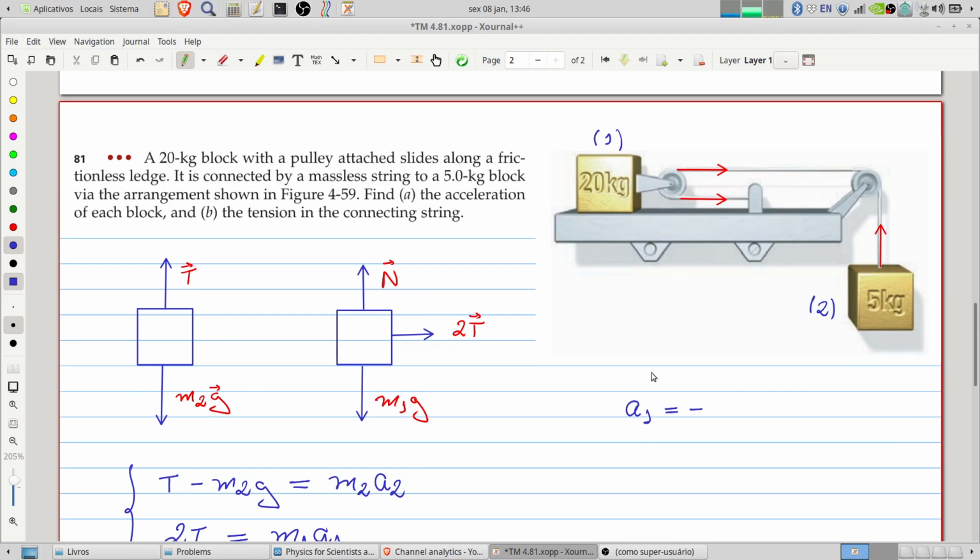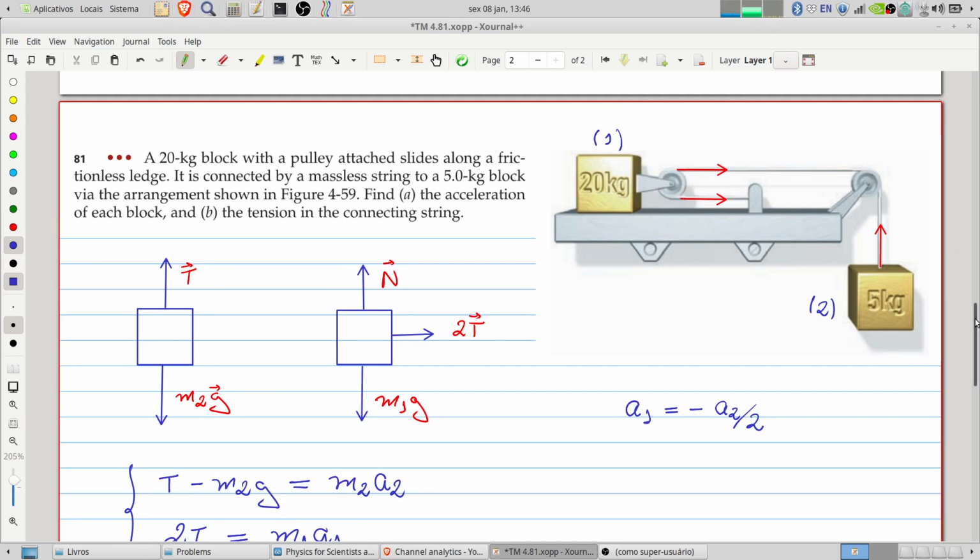So we can write that the acceleration of 1 equals minus a2 divided by 2, because here we have one string and here we have in fact two strings. So when we move this block, for example, 2 meters downward, these blocks will move 1 meter to the right.